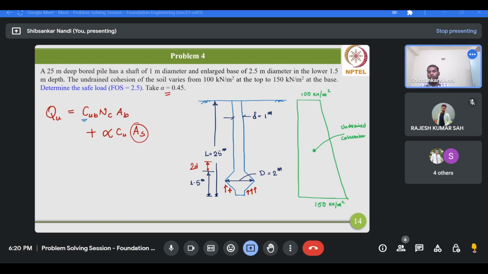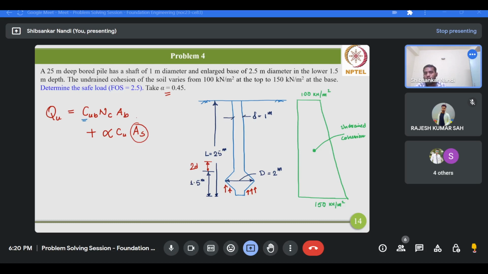So that's why we have to neglect this 2 times d to calculate the effective length of the pile. These are the two changes we should take care of in the calculation of pile load capacity of an underreamed pile with a single bulb.